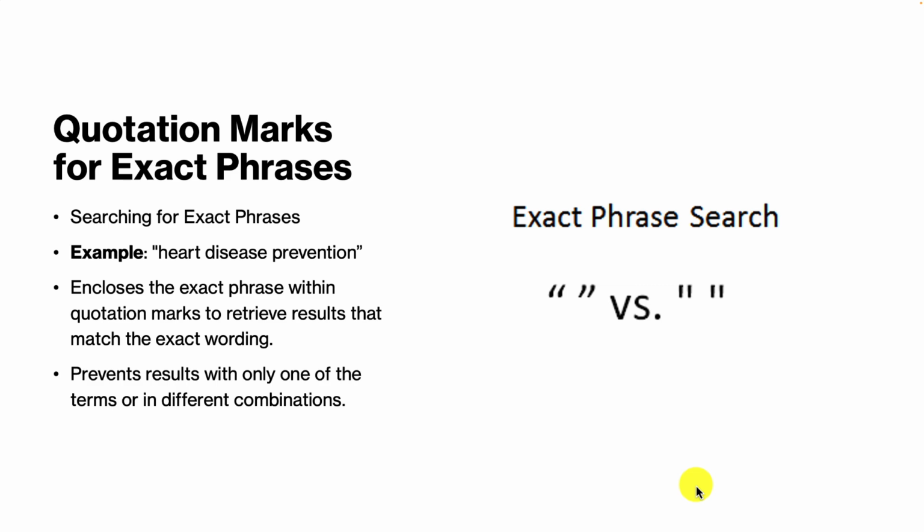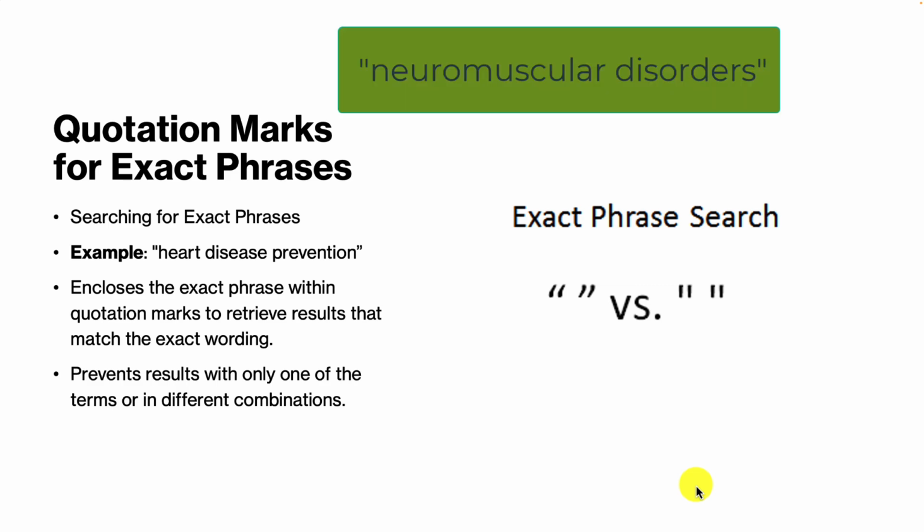Quotation marks are used to search for exact phrases. When you put terms in quotation marks, such as what I did earlier, neuromuscular disorder, that is an exact phrase that has three words: neuro, muscular, and disorder.